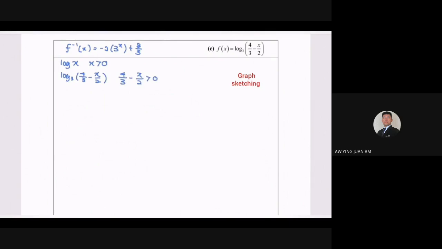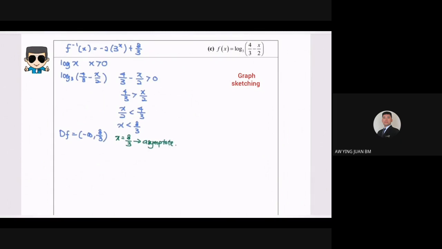So rearrange the situation, rewrite, and then x will be less than 8 over 3. So the domain for f will be negative infinity until 8 over 3, where 8 over 3 is not included. Then we notice that x equals 8 over 3 actually is an asymptote.